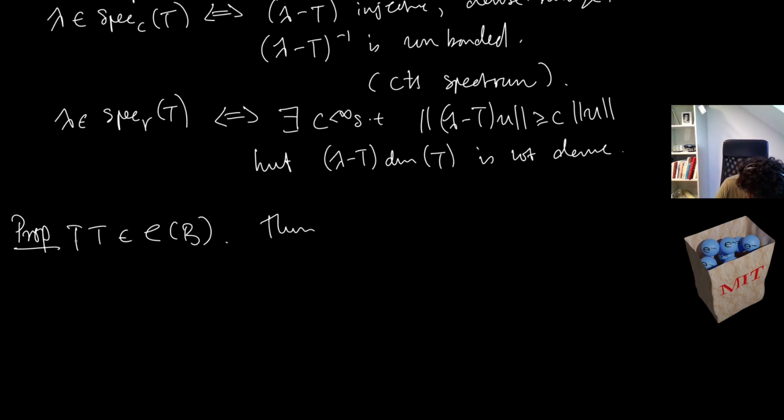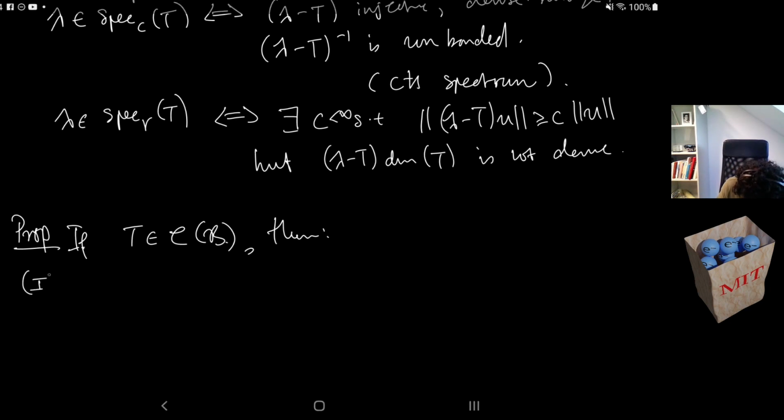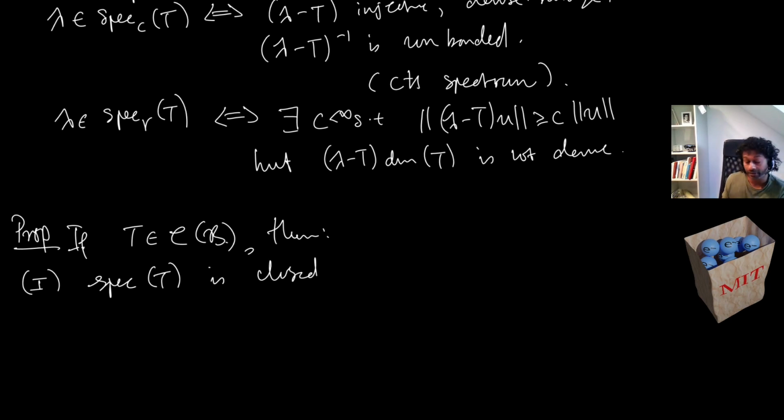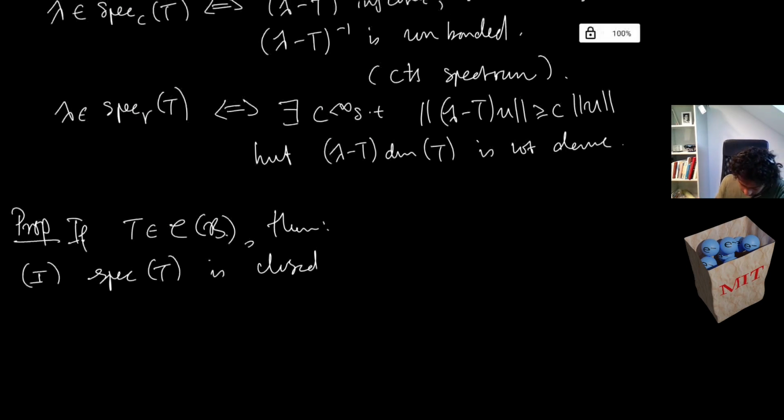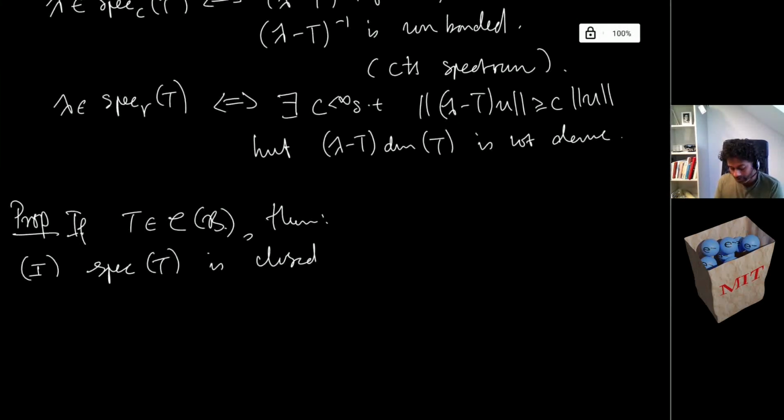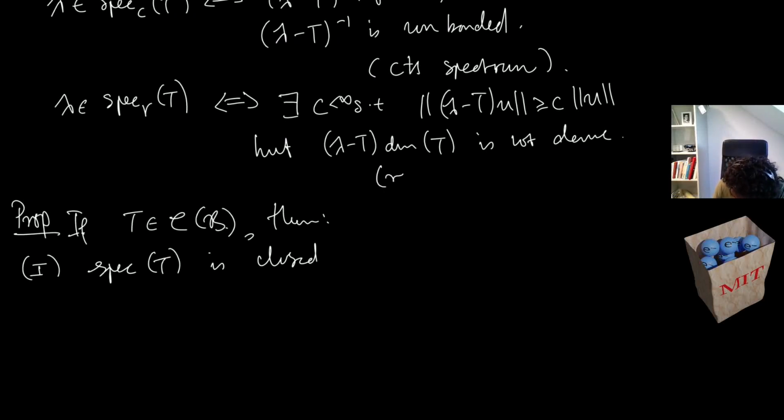Then the spectrum is closed, i.e. the resolvent set is open. But it could be the entire complex plane, right? Oh, and the last kind of spectrum is the residue spectrum.